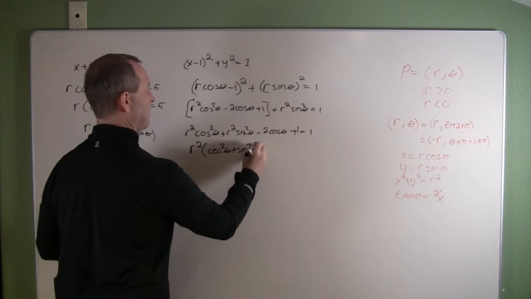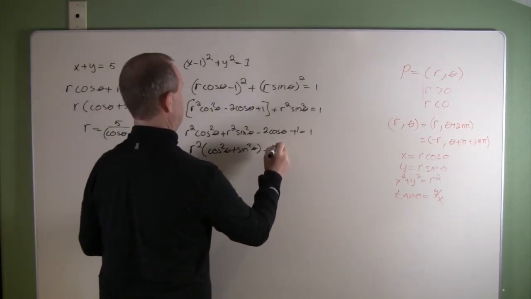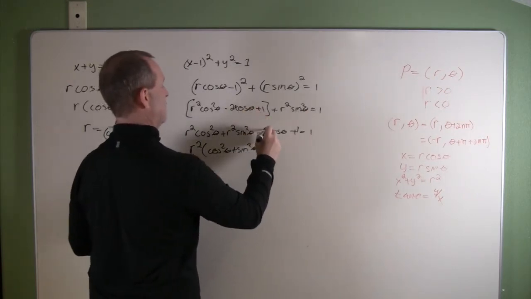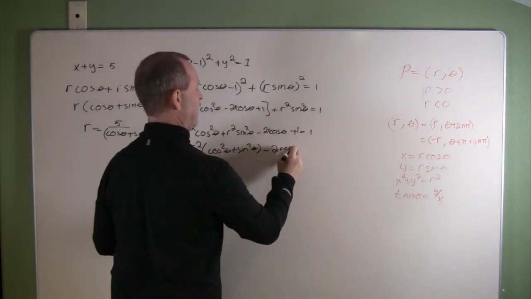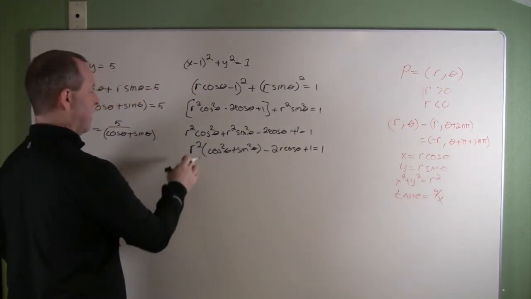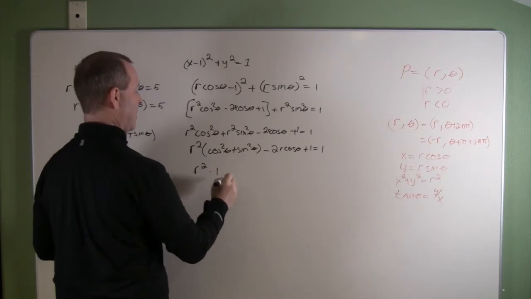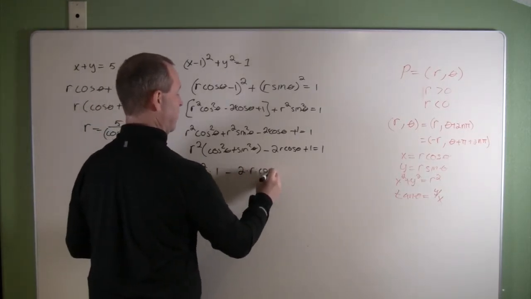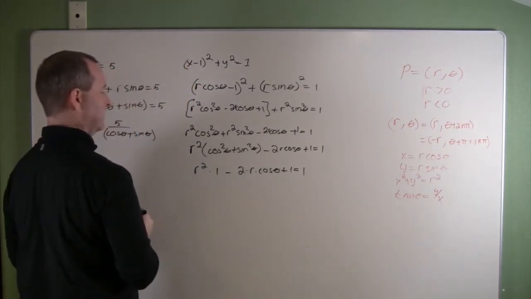I hope that looks familiar. Minus 2r cosine theta plus 1 equals 1. This just becomes a 1, so that's r squared times 1, minus 2 times r times cosine theta, plus 1 equals 1.